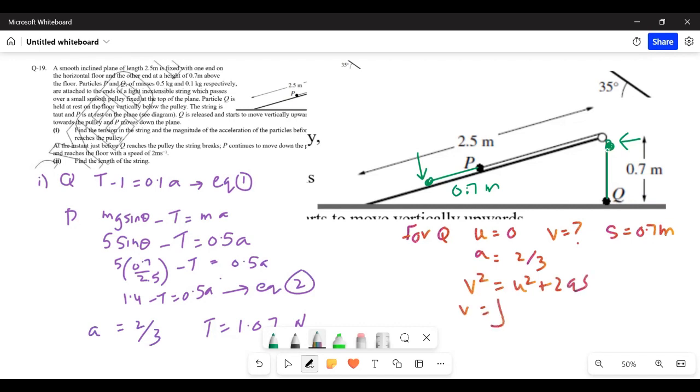So V is going to be square root of 0 square plus 2 times 2/3 times S, where S is 0.7. So V comes out to be, say, 0.966091 meters per second.